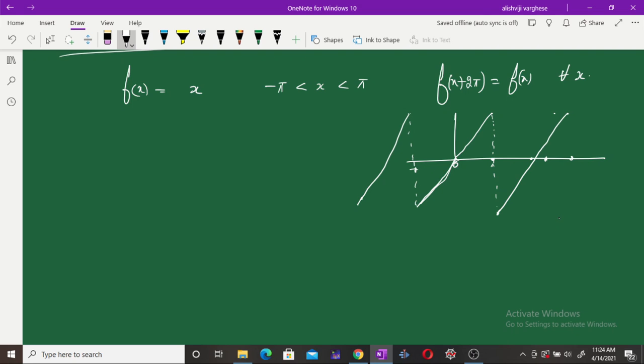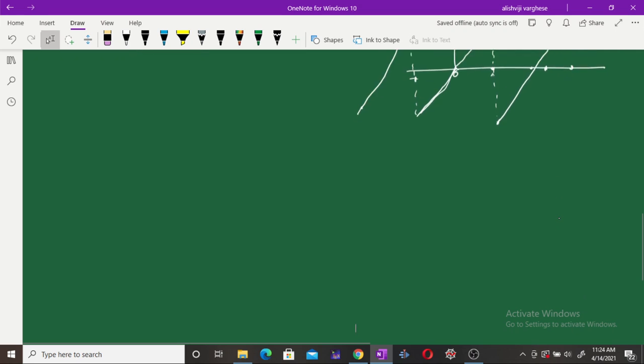That's the nature of a periodic function. And now we can have the Fourier series representation of this particular function.